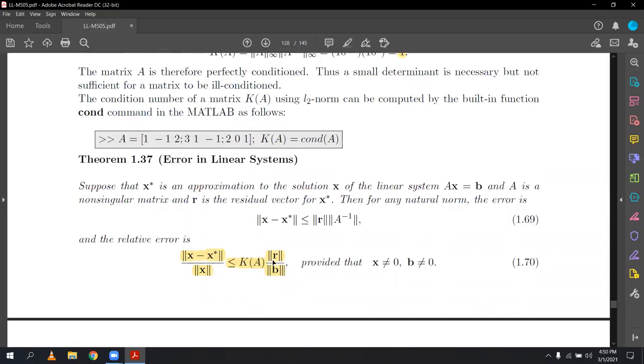R is the residual vector, and B is the right hand side. If this calculation gives you a value closest to 0, it means you are dealing with a well-conditioned system. If you have a big value here, meaning 0.5, 0.9, 1 point something, it means something is wrong, and the wrong is that your system is ill conditioned.